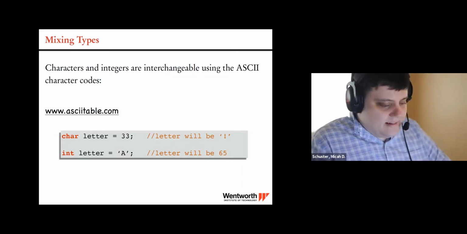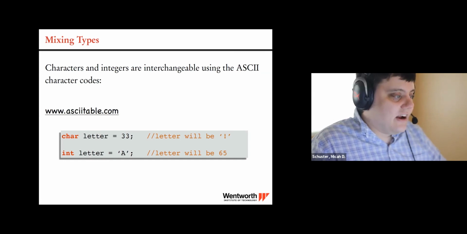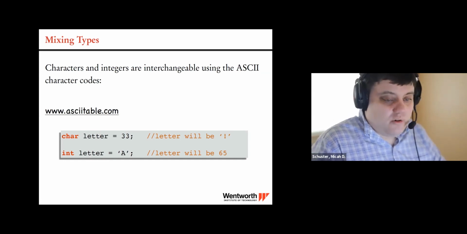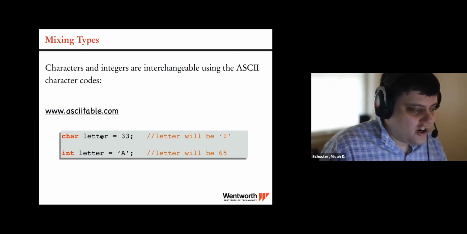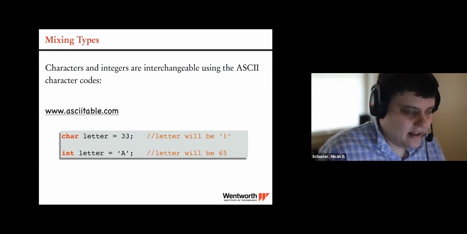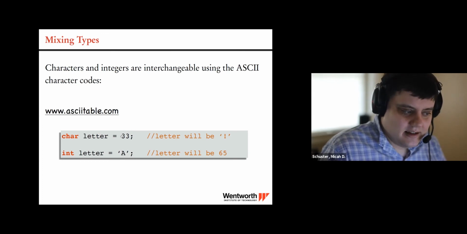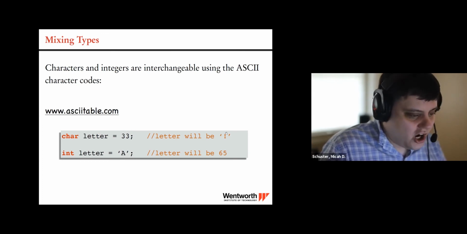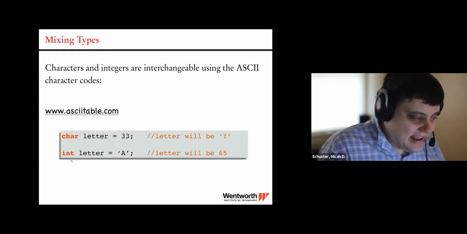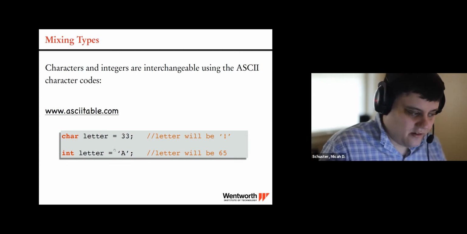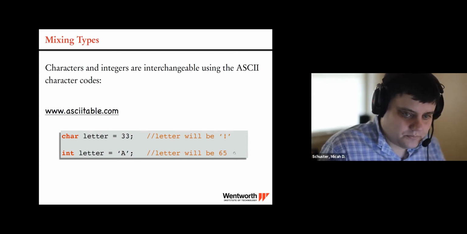One of the interesting ones that may not make sense at first is characters and integers, they're interchangeable. That might sound kind of weird. Char letter equals 33. This is an int. But if I printed out the char, it would print out an exclamation point. Just like an integer as a character, capital A prints out 65.